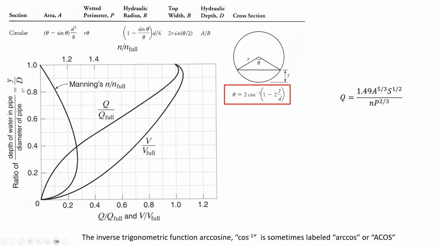So 80% full, 90% full, 95% full. What he noticed is when the pipe is like 95% full, the capacity is higher than if it's all the way full. So let's take this all the way up to 95% full.